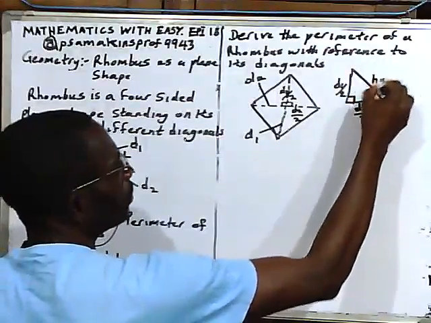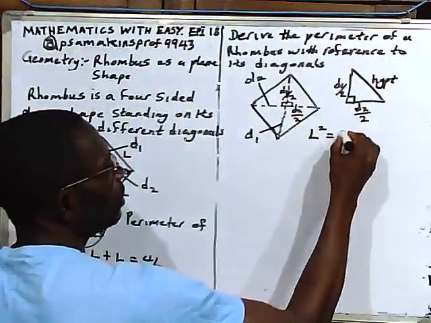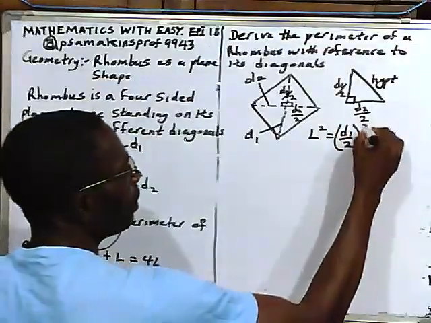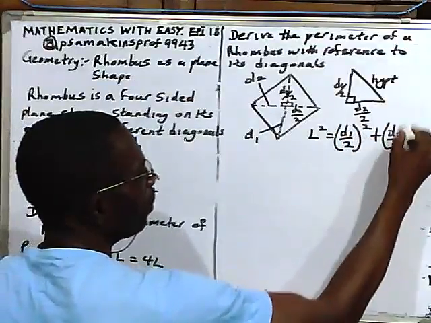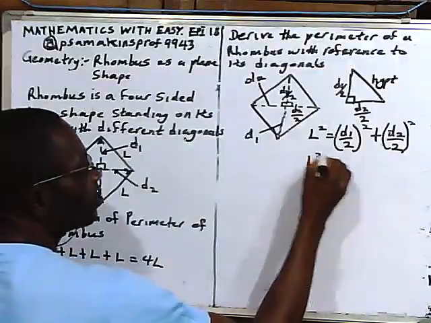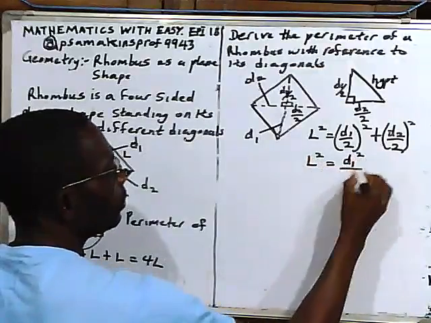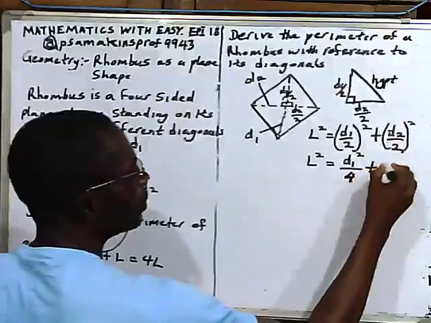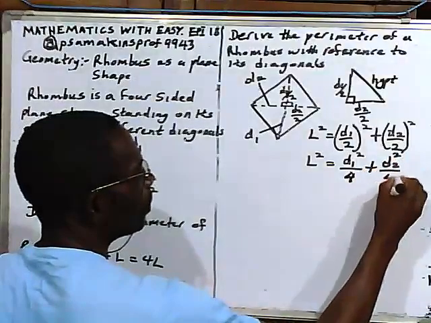If this is the hypotenuse, that means L square will now be D1 over 2 all in square plus D2 over 2 all in square. So we are going to have L square equals D1 square over 4 plus D2 square over 4.